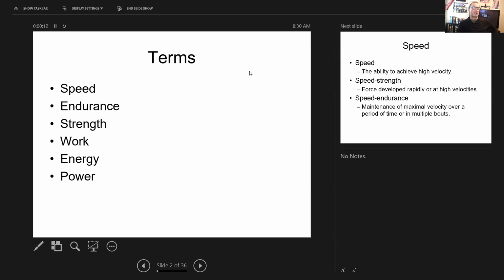Now, some other terms that we'll start using and already do use are speed, endurance, strength, work, energy, and power. So the last three is what I really want to focus on. But the first three are terms that are ultimately going to be related back to the work, energy, power concepts.